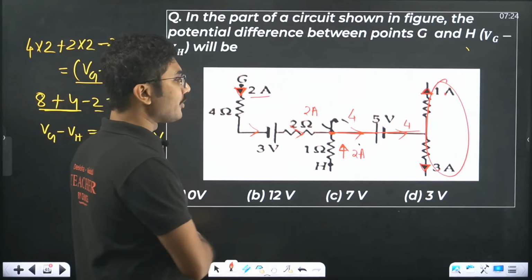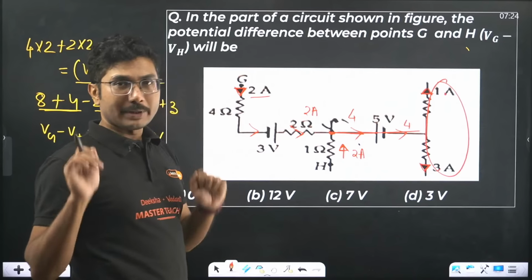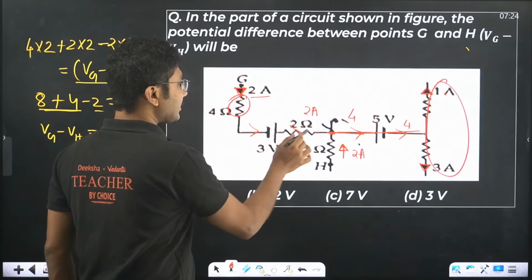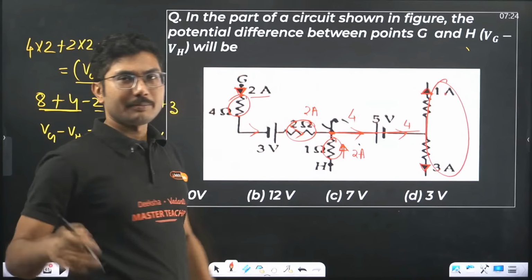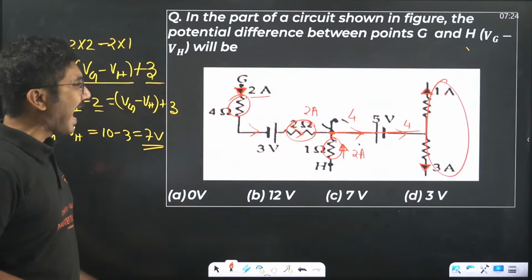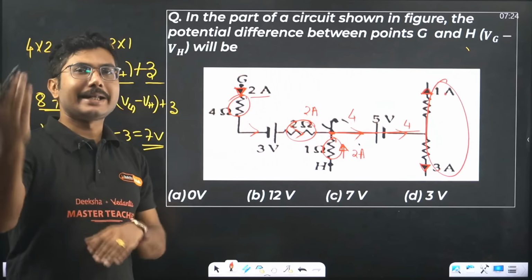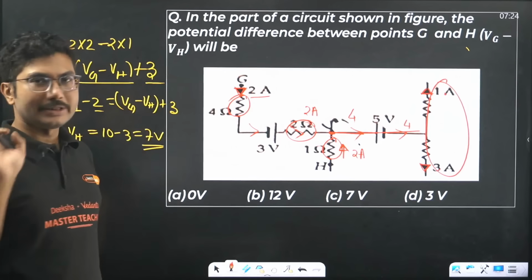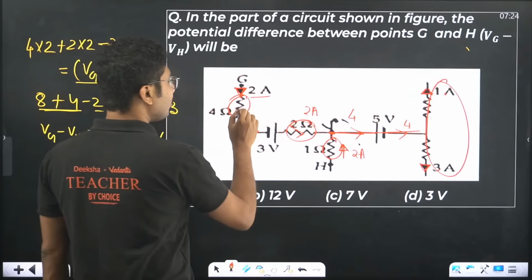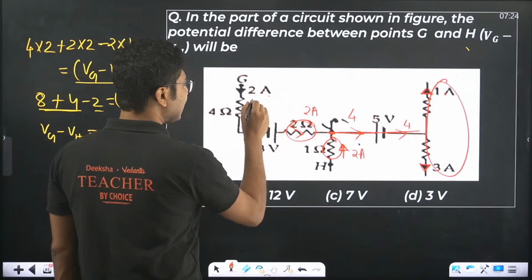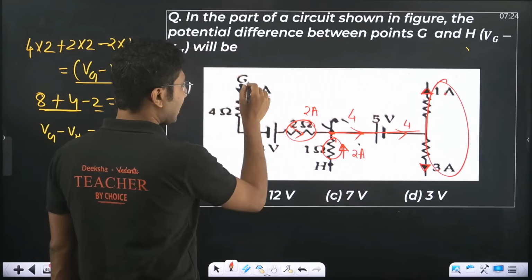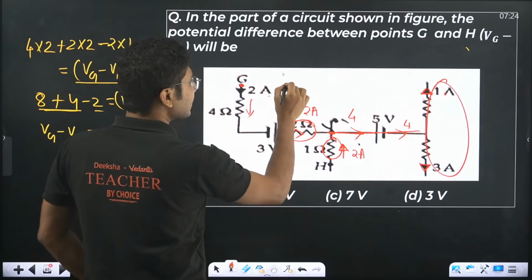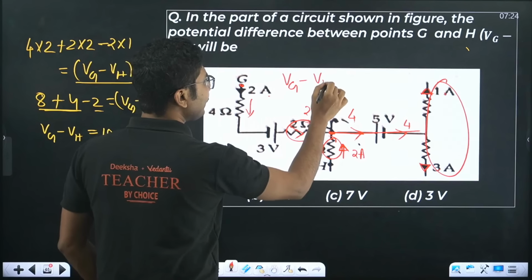For Kirchhoff's voltage law, I always recommend that you take a very simple approach. Individually take the resistances first based on the direction, and then take the battery on the right hand side, so that positive negative confusion does not remain. So a very simple rule: you go through the resistances first. In this question they ask you to find Vg minus Vh.